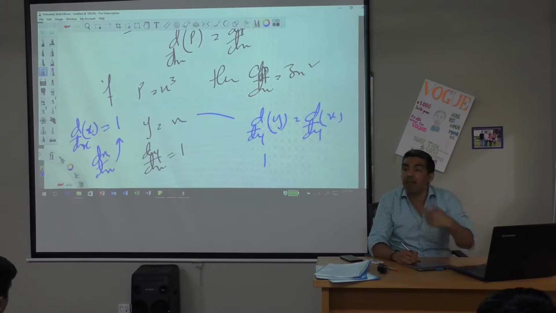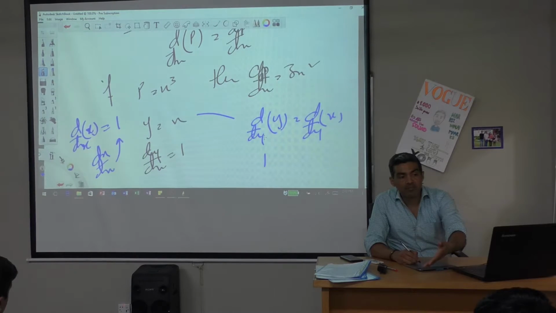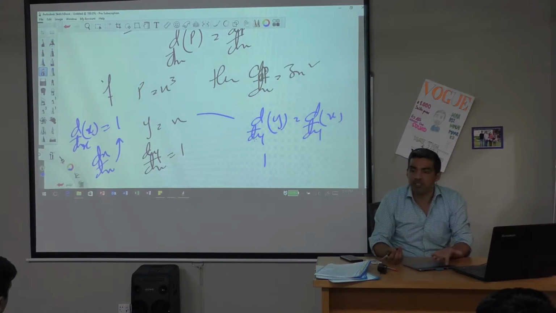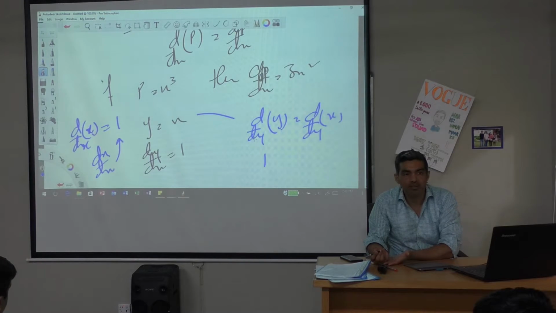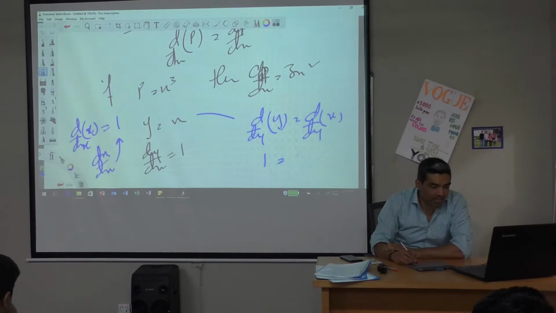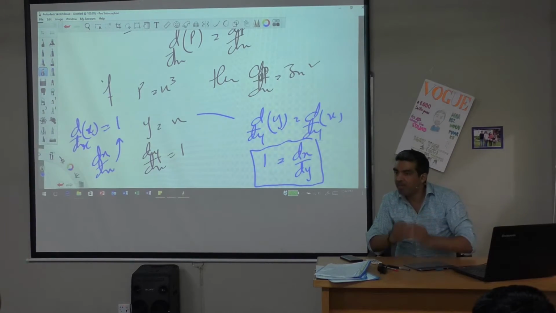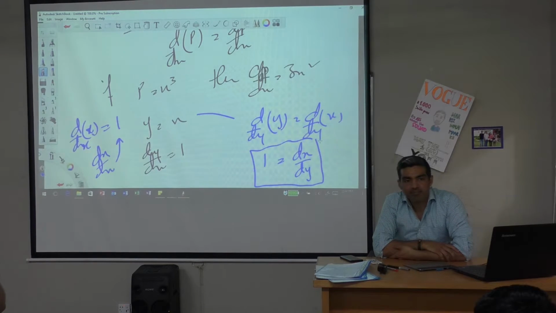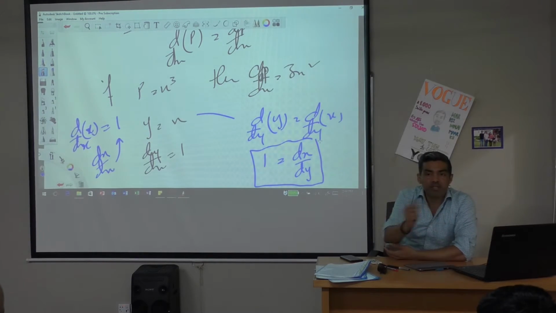This is basically dy by dy. The ratio of two same differentials is obviously going to be a 1. So on the right side you get dx by dy. So your answer is dx by dy is equal to 1, because you differentiate with respect to y on both sides.